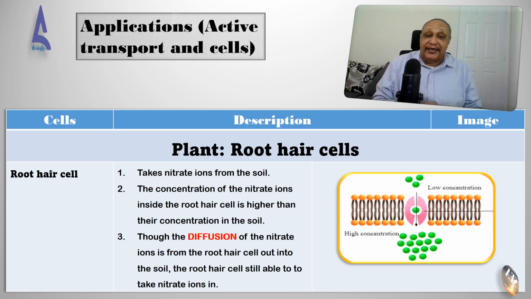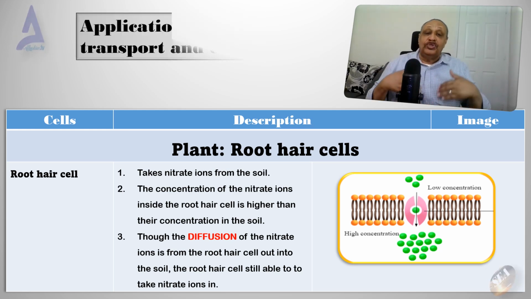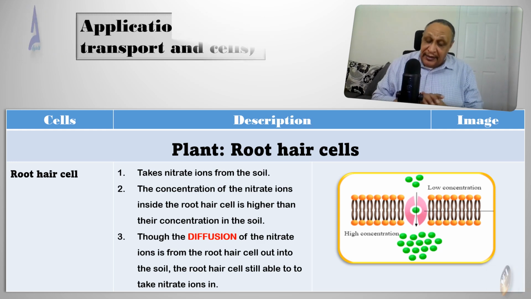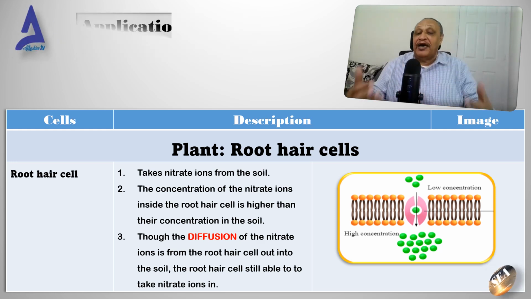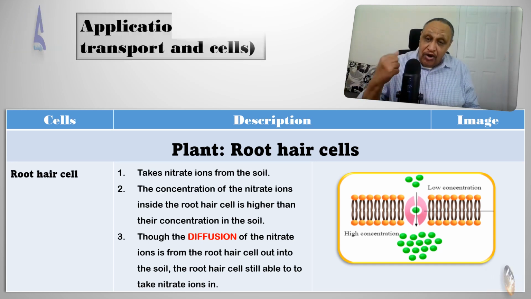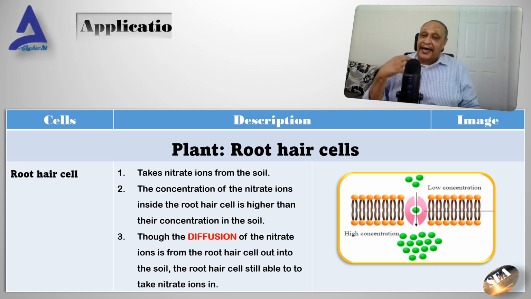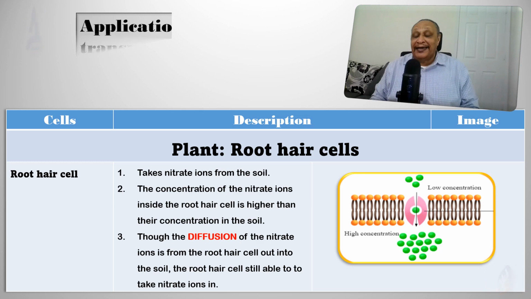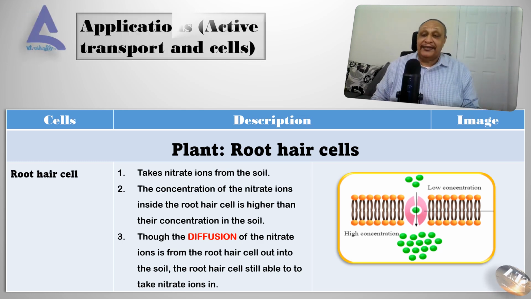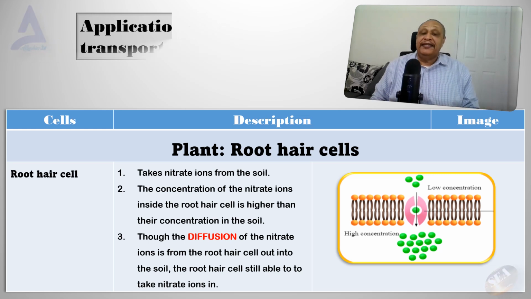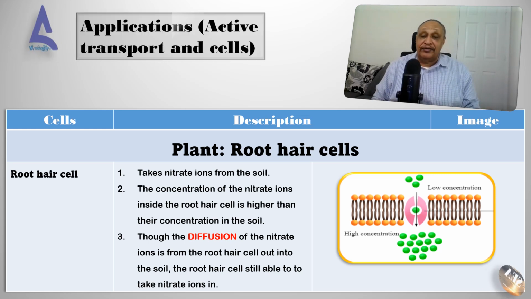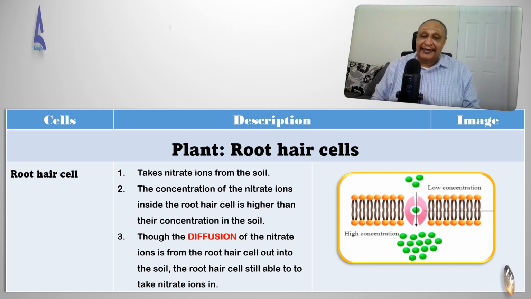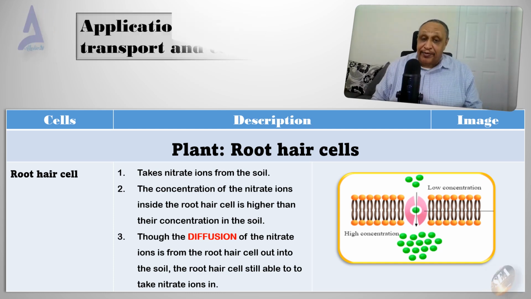But still the root cell has the ability to absorb nitrate inside the cell using active transport. So it moves the nitrate ion from the soil into the cell using active transport. That means it uses energy. That means it moves the nitrate ion from low concentration to high concentration, against the concentration gradient. That means it needs a carrier protein to do that.